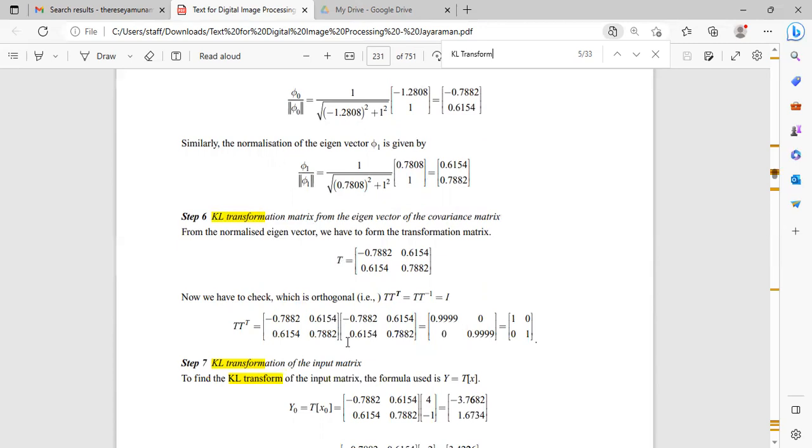So here, when you multiply T by T transpose, the value should be equal to I, identity matrix. So we are doing that here. This is your T multiplied by T transpose. You will get 0.999, 0, 0, 0.999. So this will be 1001.